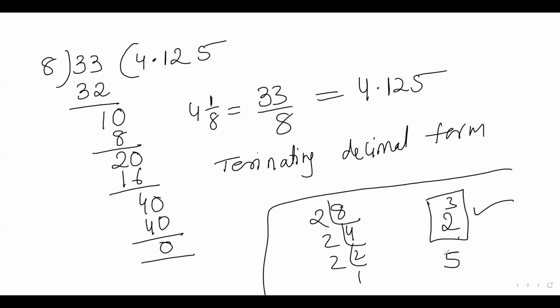Even if you have 5s in the denominator, after factorization, you will get a terminating decimal. If you have a combination of 2s and 5s also, you will get a terminating decimal. Apart from 2 and 5, if any other prime number comes, like 3, 7, 11, then it will be a non-terminating repeating decimal. Please keep this in mind.